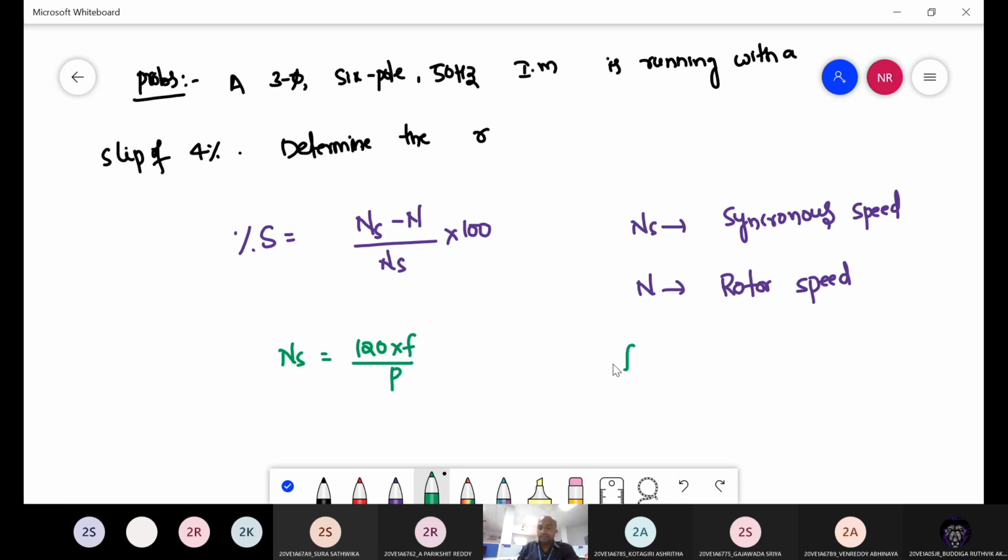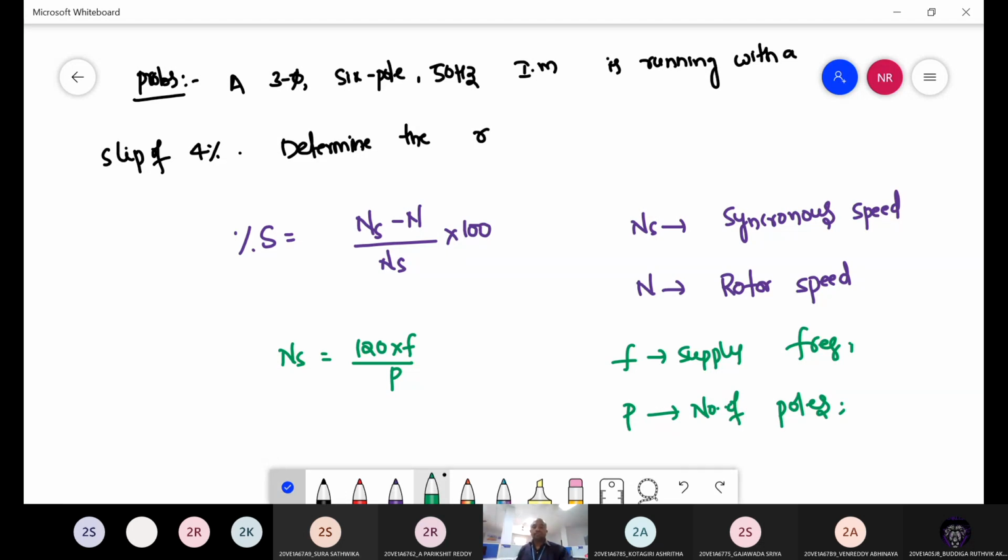Here f is the supply frequency, p is the number of poles. These formulas are very important: ns minus n by ns into 100, and ns is equal to 120 f by p.